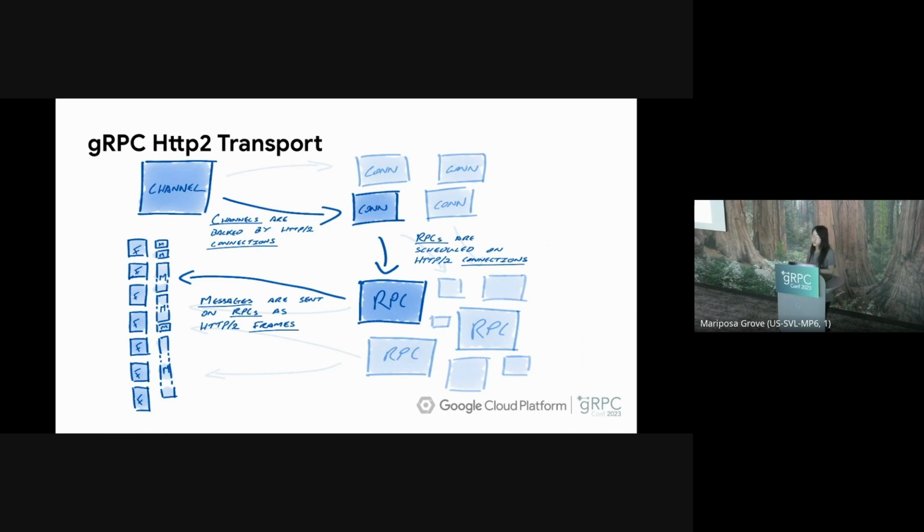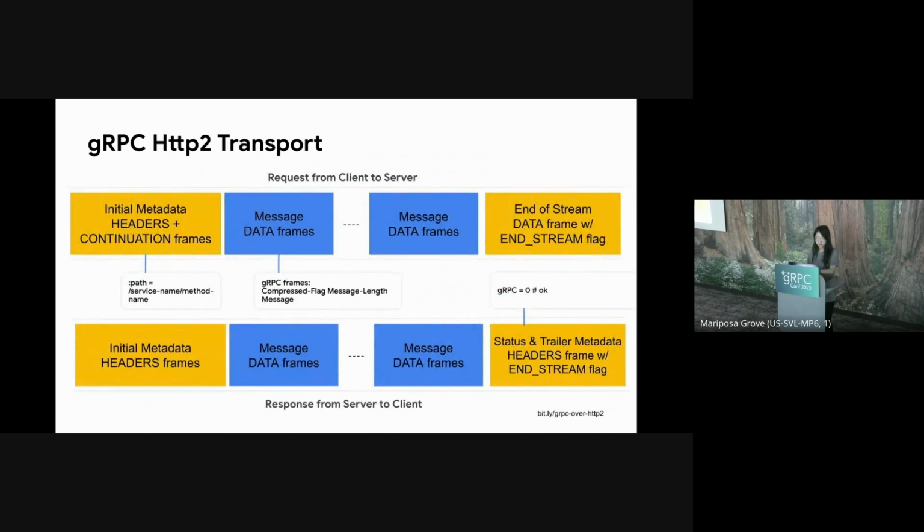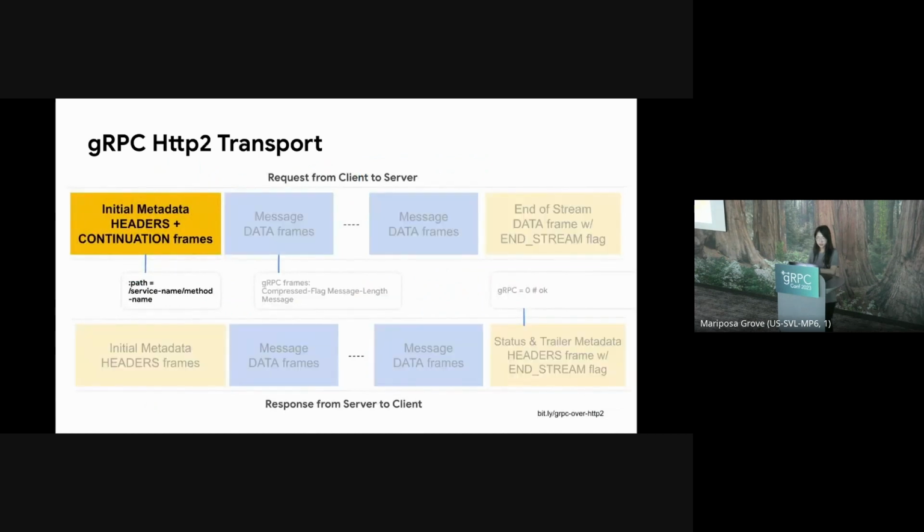In HTTP2, a connection can have multiple streams, and those streams are delivered in different frames. And gRPC wraps itself onto those frames. Visually, it's like this. When the gRPC client sends a message to the server, it has headers and payloads, right?